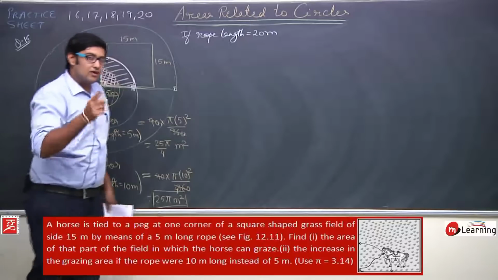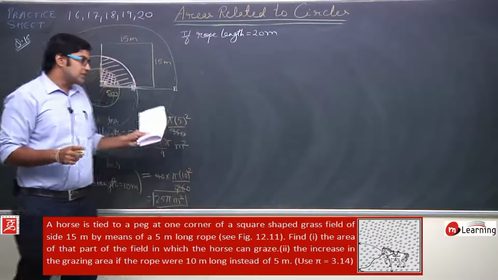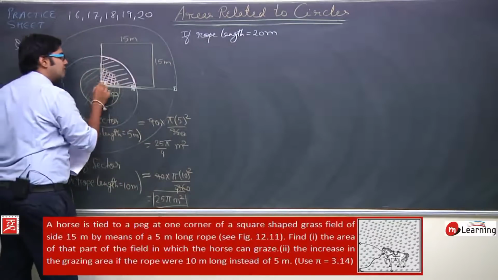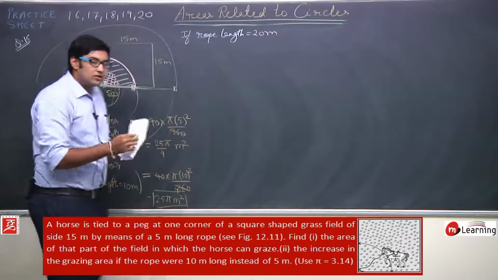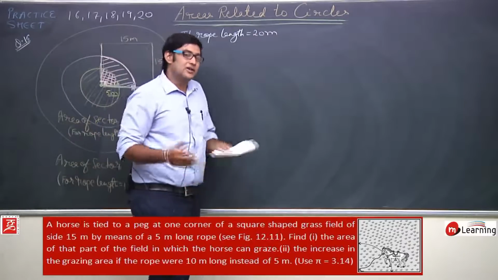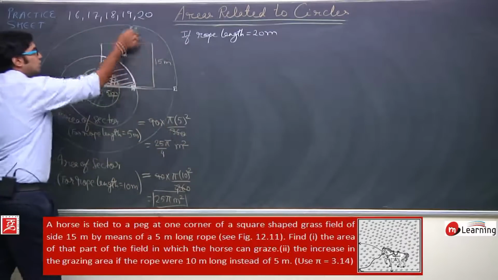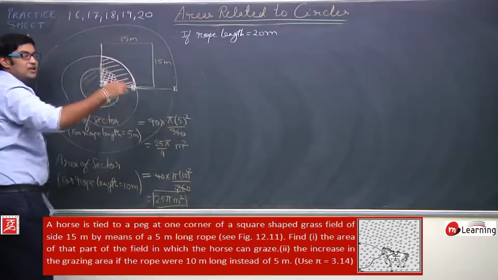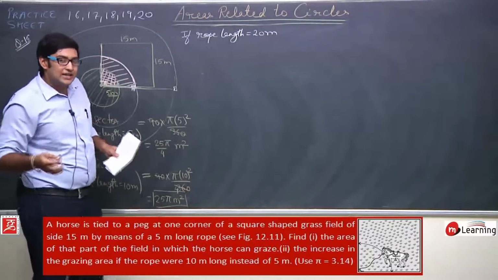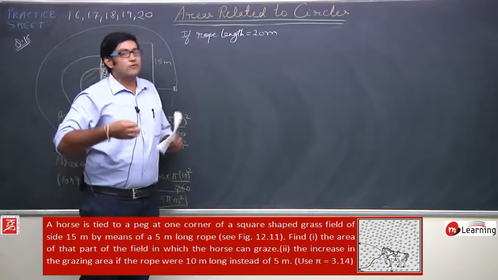But what I am saying is, since the field is only 15 by 15, field is not more than 15 meter by 15 meter. So definitely even if the horse can move in this circle, he cannot graze more area than the area of the field.